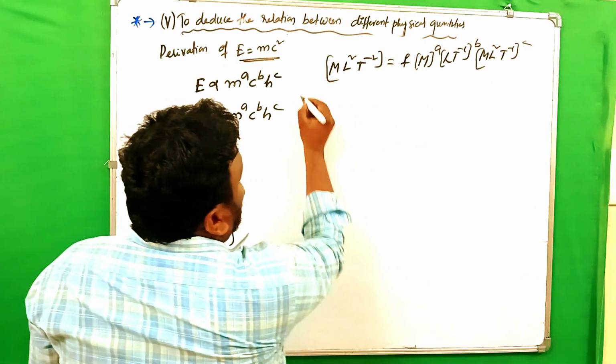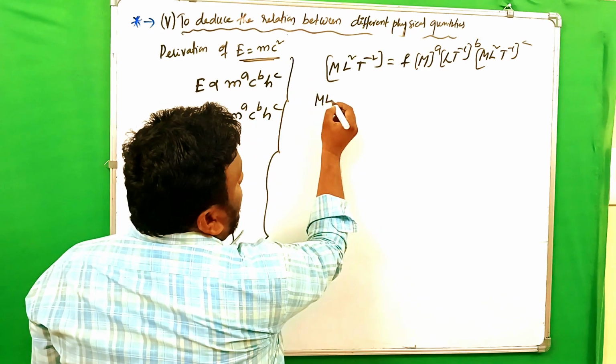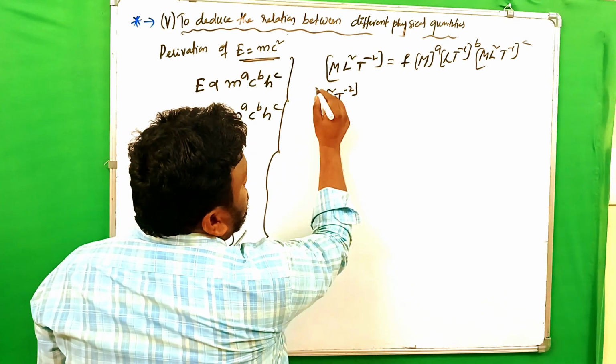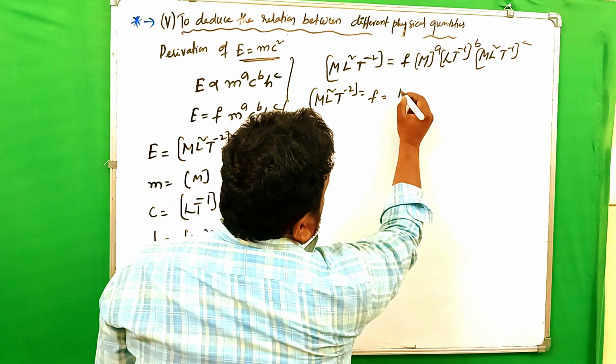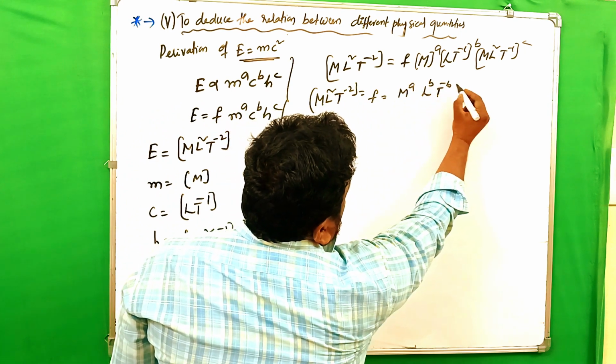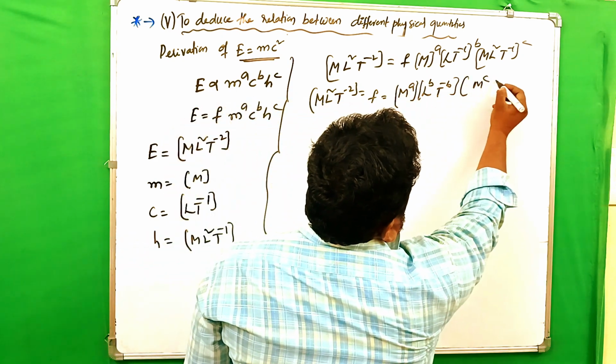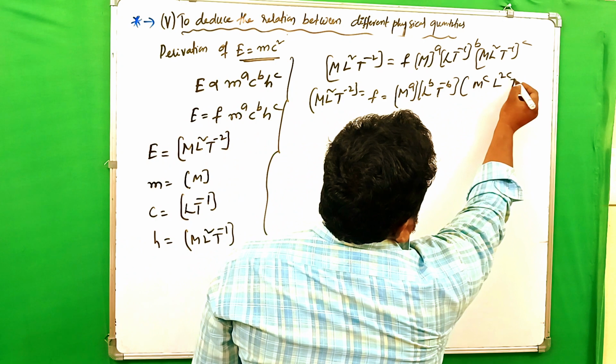Clear? Now distribute the power to every individual quantity. M L square T inverse 2, f is equal to m to the power of a, L to the power of b, and T to the power of minus b, now m to the power of c, L to the power of 2c, and T to the power of minus c.